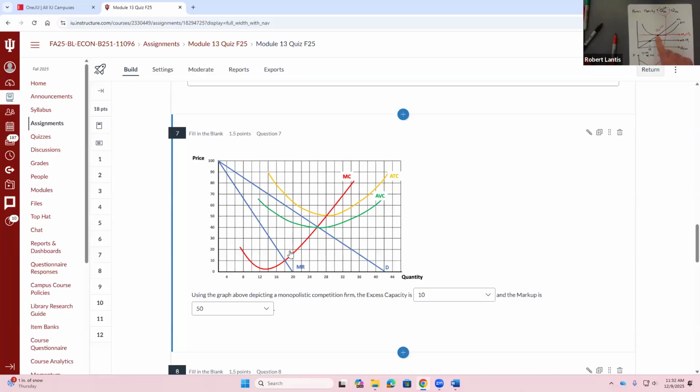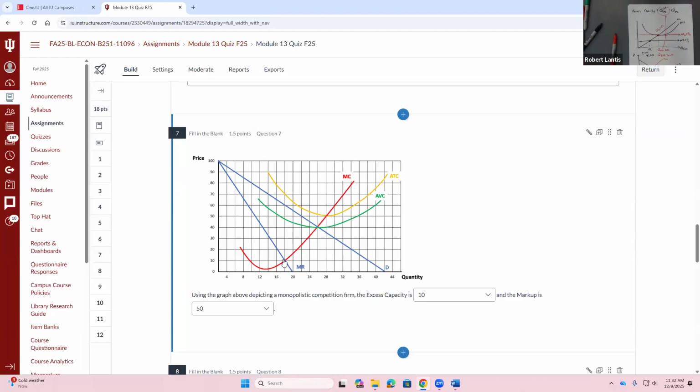So if marginal revenue is equal to marginal cost, price will always be equal to marginal cost, and my markup will be 0. Once I gain some monopoly power, I can have a markup above what it cost me, or I can charge a price higher than what it cost me to produce this good. So here, what is the marginal cost for the monopolistic competitive firm? At that profit maximizing quantity, it looks like it is 10.